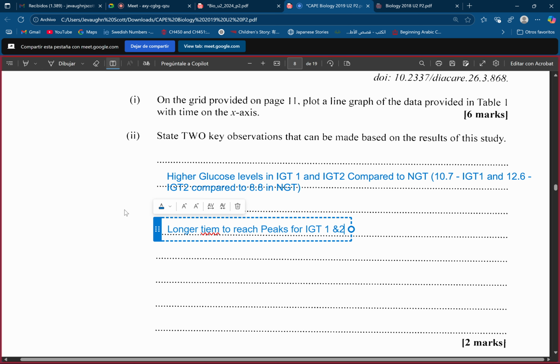So it takes a longer time to reach the peaks for IGT1 and 2, and also we could say we have a delayed return to the baseline values, meaning where we start from. Baseline means where we start from.